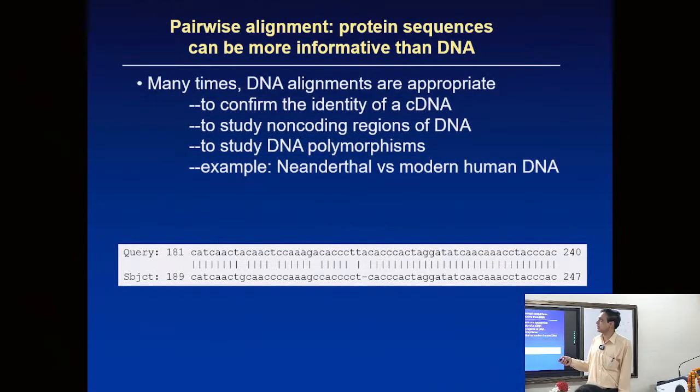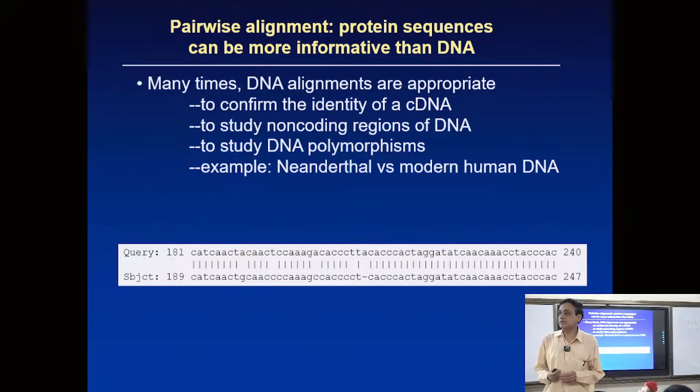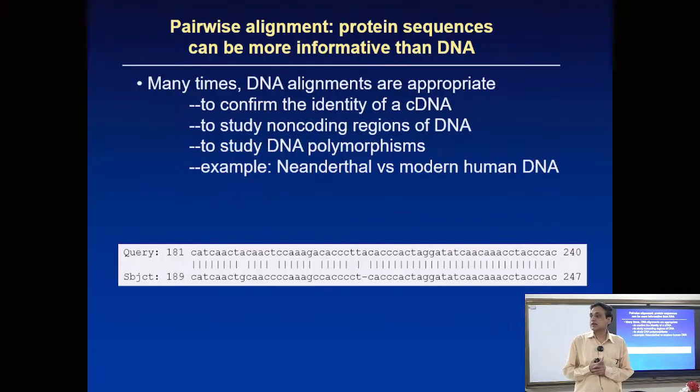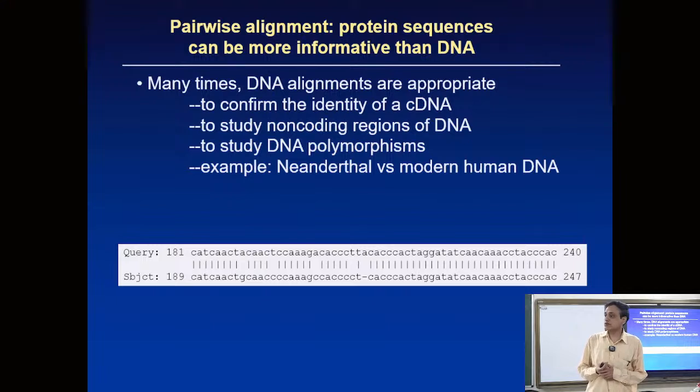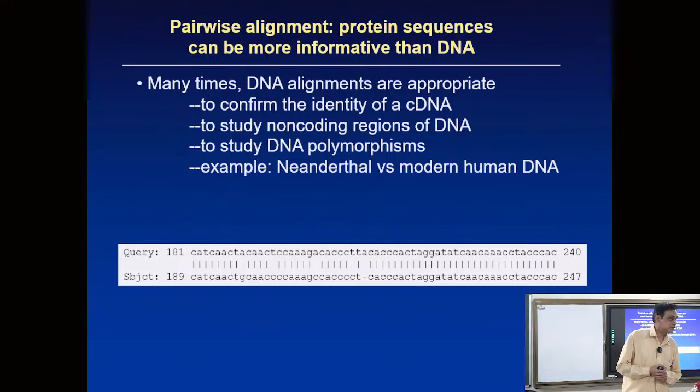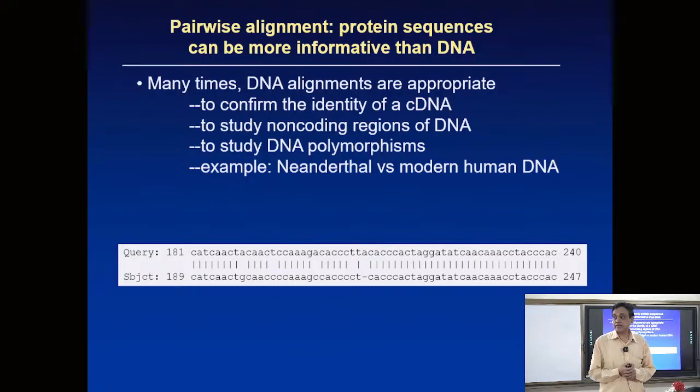So why would you want to perform DNA alignment? We discussed that if you want to compare the genomes or DNA of closely related organisms, then DNA alignment could be helpful. For example, if you want to compare the genome of a modern human with the genome of an ancient human, the Neanderthal, you would want to perform DNA alignment, because if you perform protein alignment, the proteins could be 100% identical.